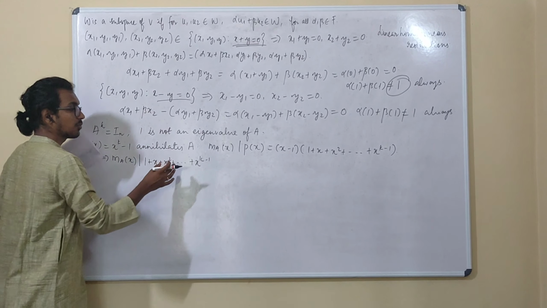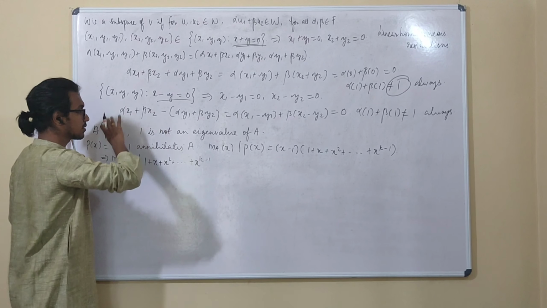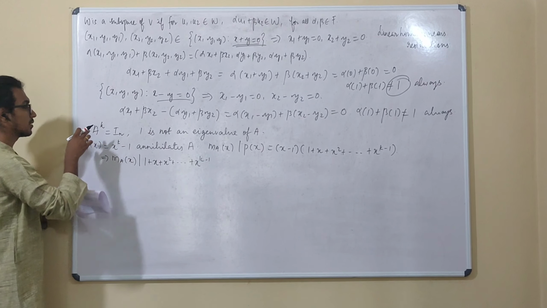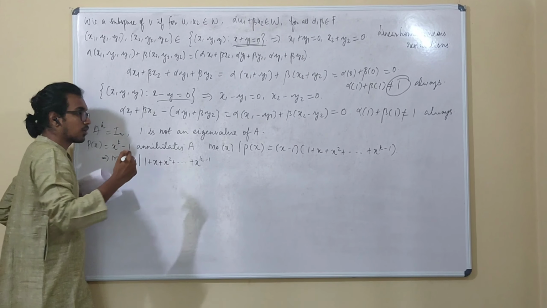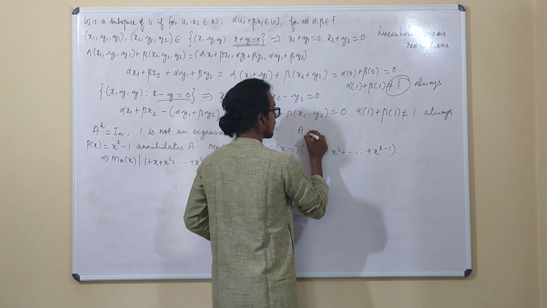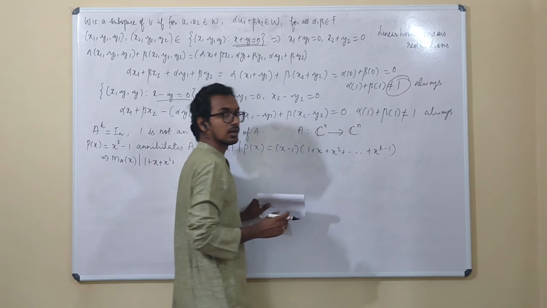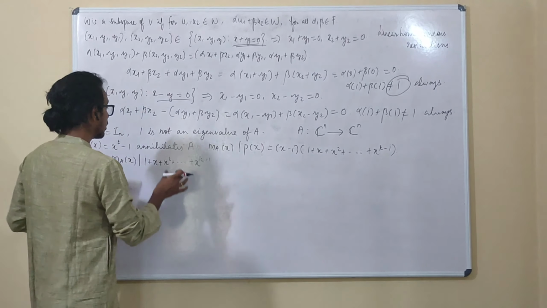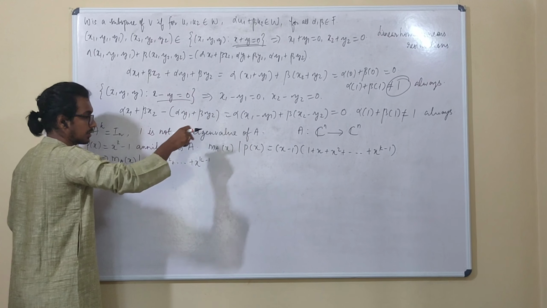Irrespective of what the value of this k is, just go back to the given information, that this matrix A is taken from the complex. So it is a complex n by n matrix, which means A is a matrix defined from Cn to Cn. So this is a polynomial of order k minus 1 in the complex space.